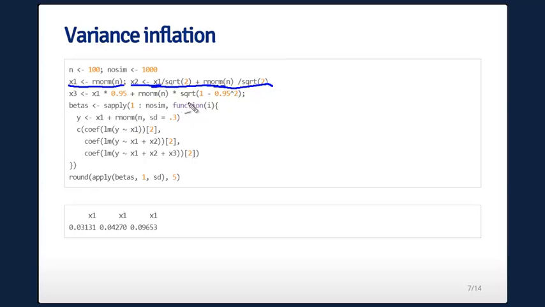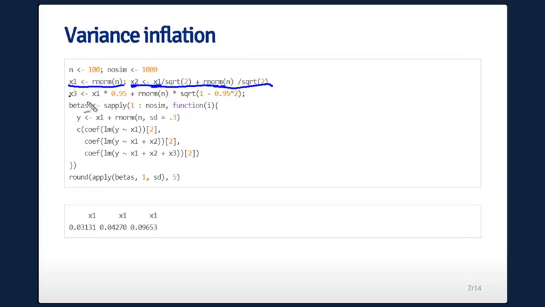And I did it so that I could control how related to x1 it was. I think I did it by square root 2 so that the variance of x2 remained 1.